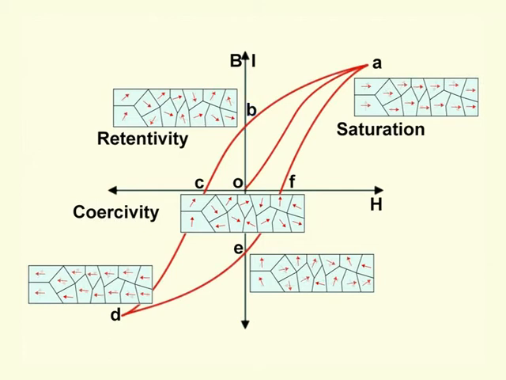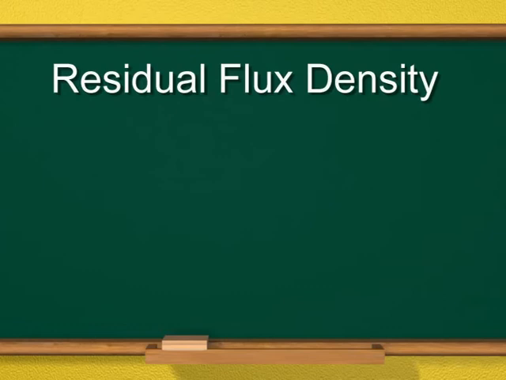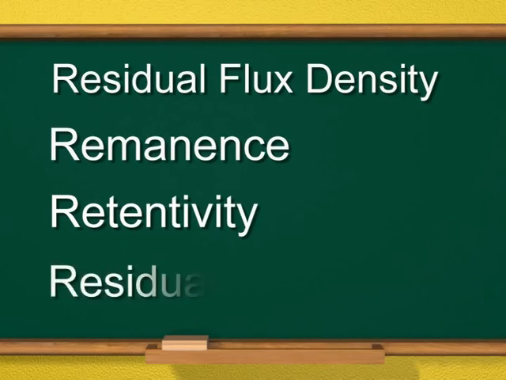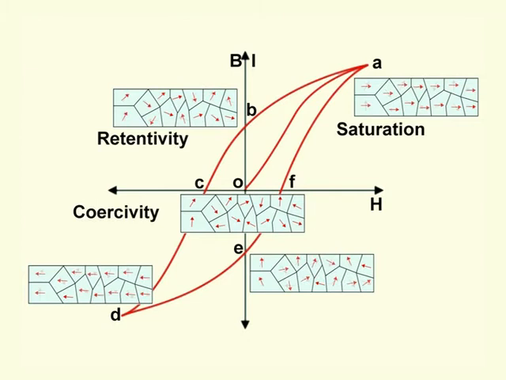Thus, some magnetism is left in the specimen, which is called residual flux density. It is also called reminiscence or retentivity or residual magnetism. I want you to note that B lags behind H. This effect is called hysteresis.